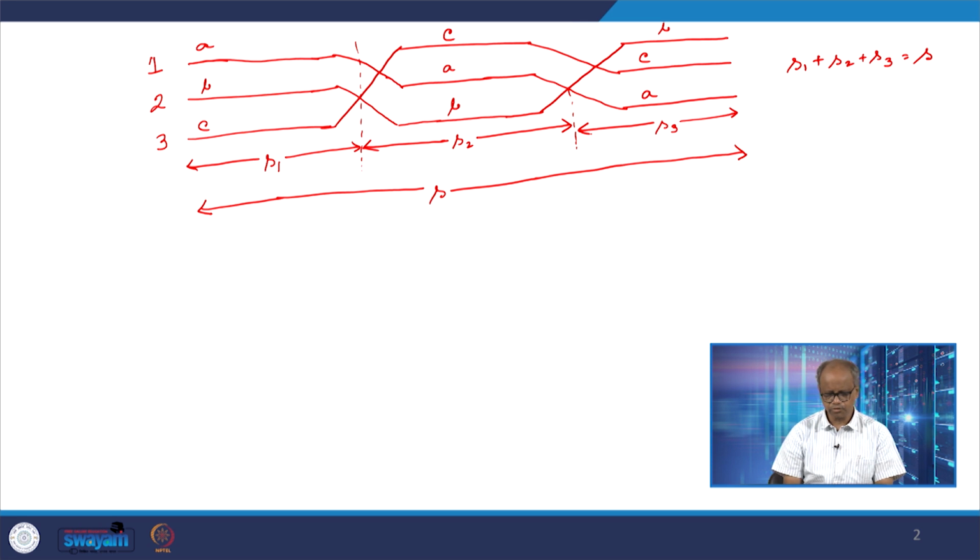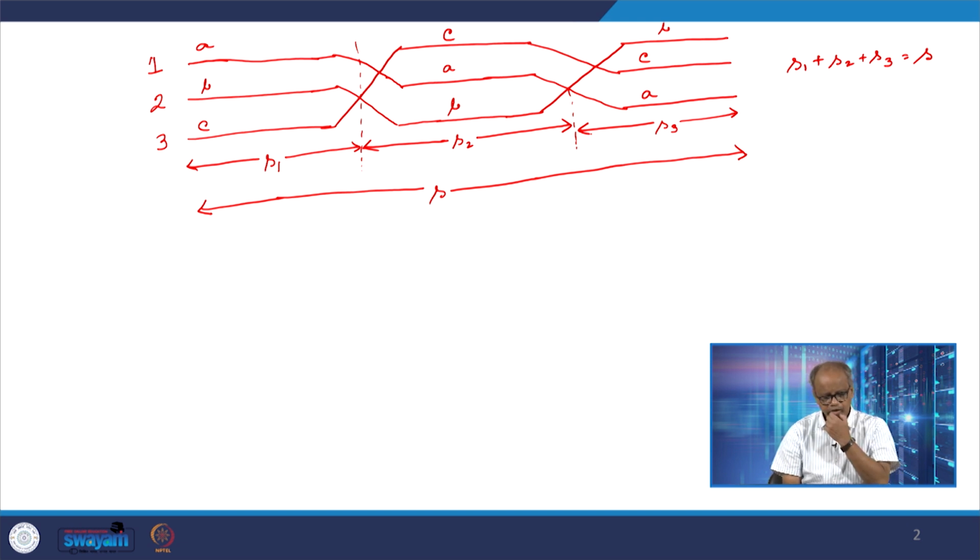So, as you can see, over the total length of S, each and every phase conductor occupies these three positions for some length.